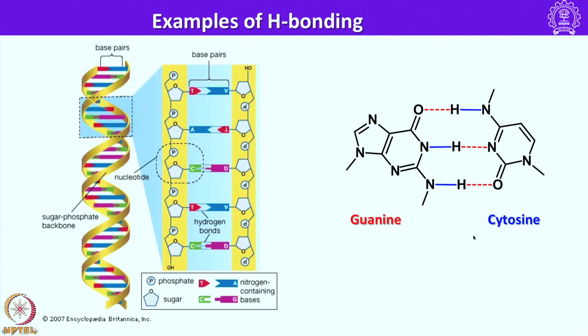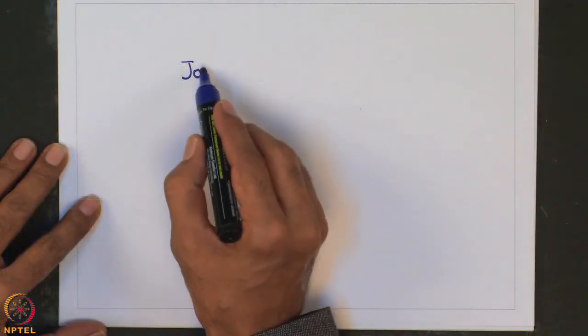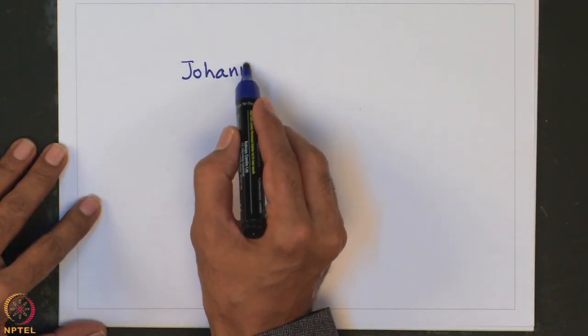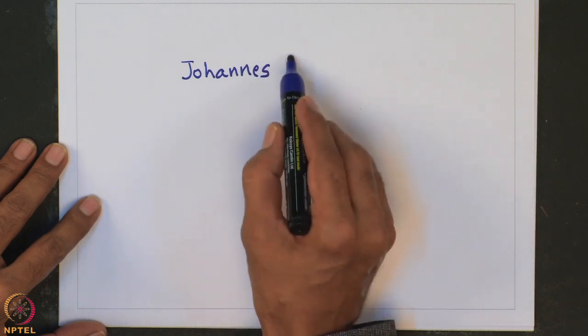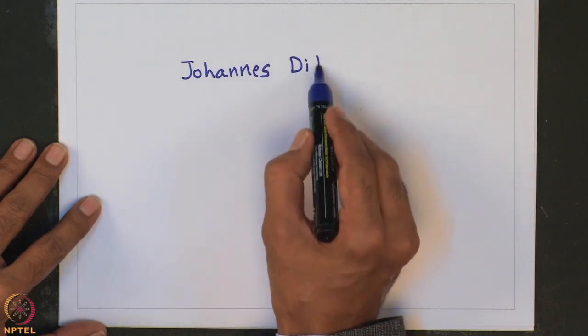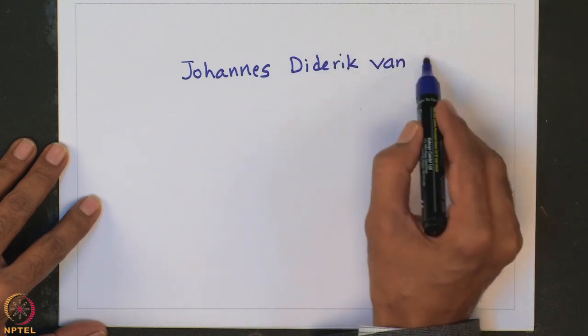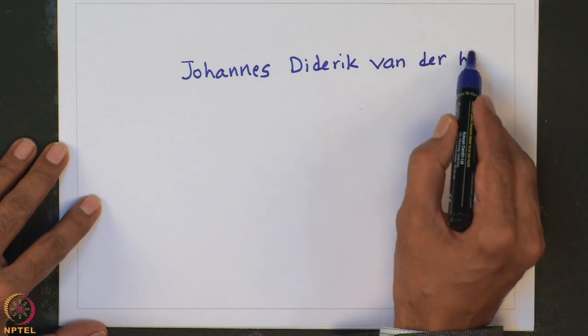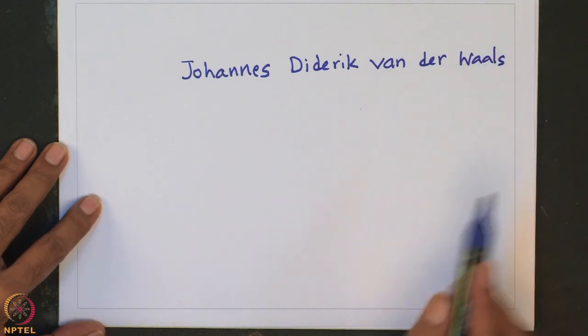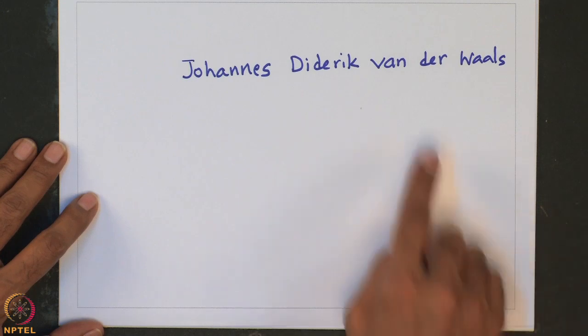And when we talk about van der Waals, students often make mistakes in writing the name, and one should remember the full name is Johannes Diederik van der Waals.